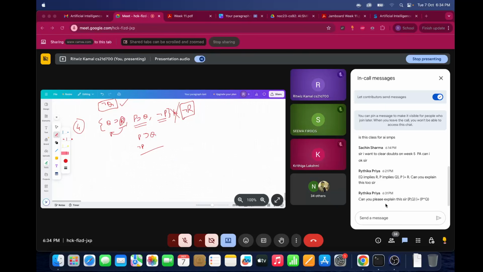Right. Now let's look at the places where P implies Q is true. Let me use a different color. So P implies Q is true in this row, in this row, and in this row, and not of P is true in this row and this row. Do you agree with me?